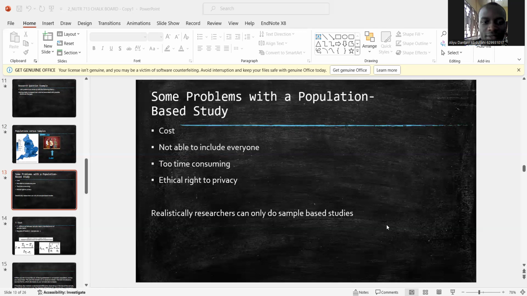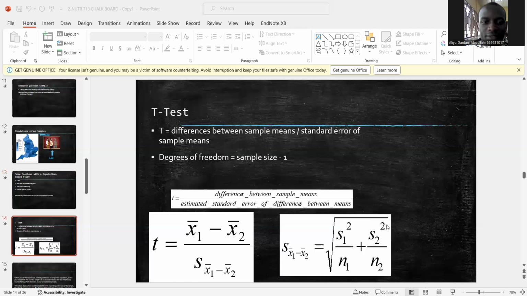So realistically, in most cases, researchers can only do sample-based studies. If you're backed by huge grants and by some big government or a very strong body to oversee population research, why not?